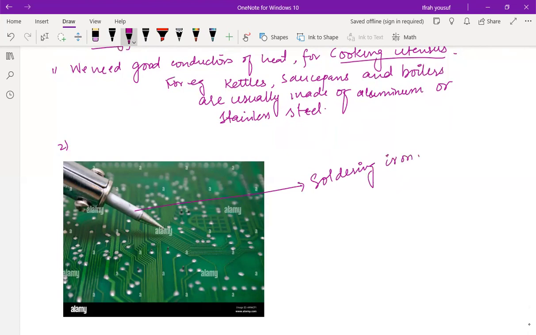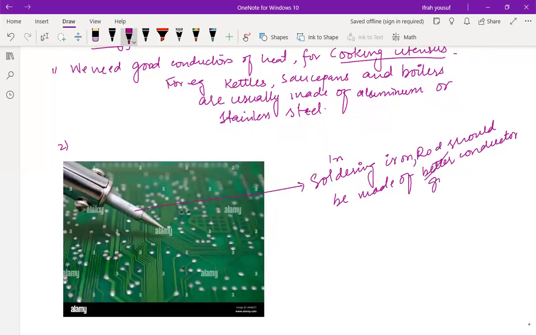Soldering iron, right? And the soldering iron rod should be made up of a good conductor of heat.